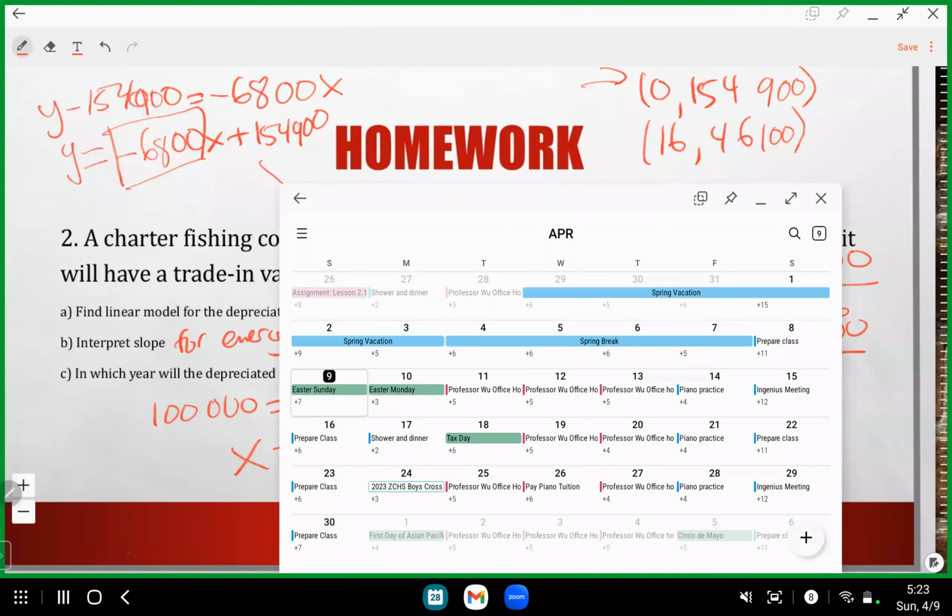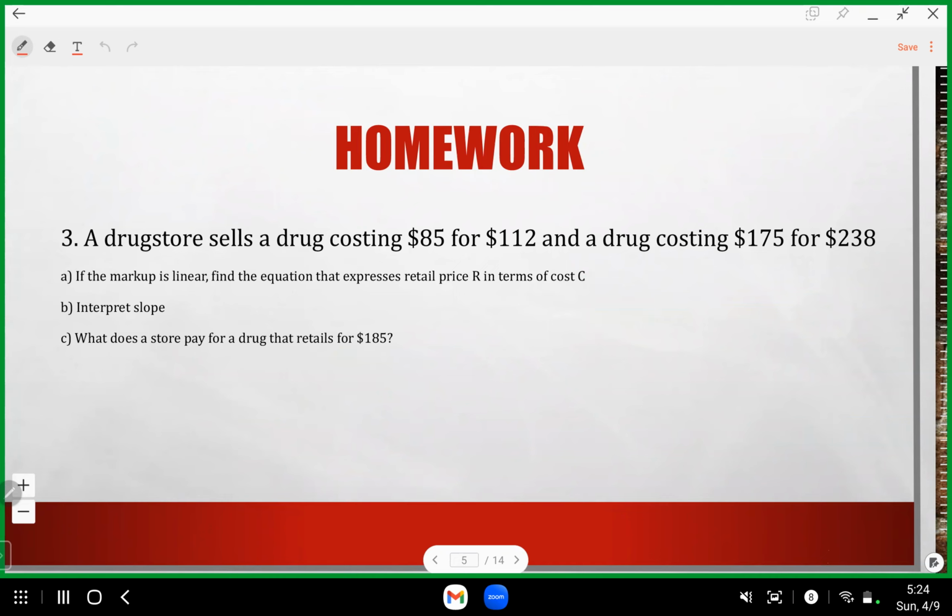Okay. And second of all, a drugstore sells a drug costing $85 for $112, and a drug costing $175 for $238. I'm just going to go over this one because we need to hurry up. This markup is quite common in drugstores and other retail stores. When you go to buy something, the brand prices are usually pretty expensive because they need to earn money.